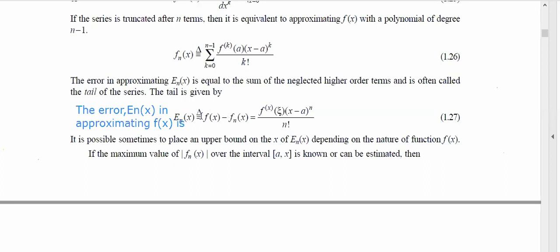This is the total complete function. So when we take complete minus approximated, this is the error.